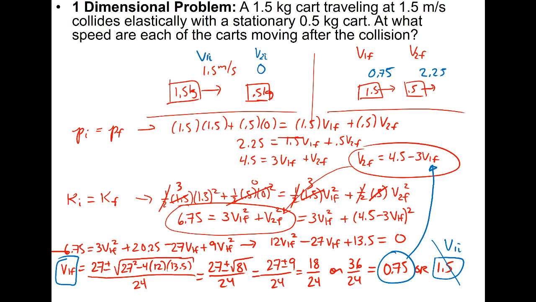Okay? Now, there's one more thing that I want to show you that's extremely important about elastic collisions. And I know this video is running a little bit long, but this is really important. So, here's the cool thing about an elastic collision. If you take V2 initial and subtract V1 initial, you're going to get the opposite of V2 final minus V1 final.